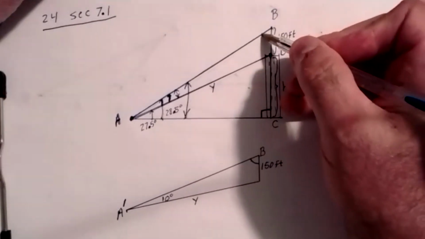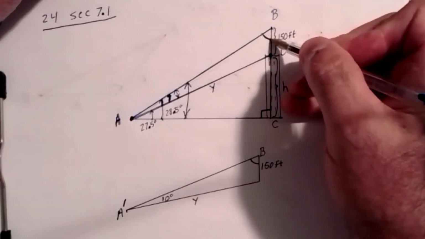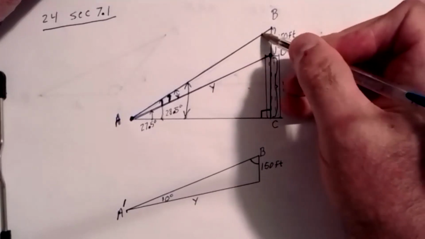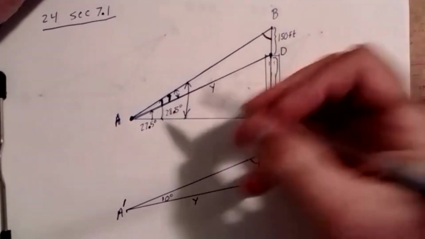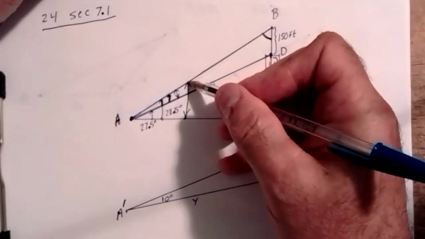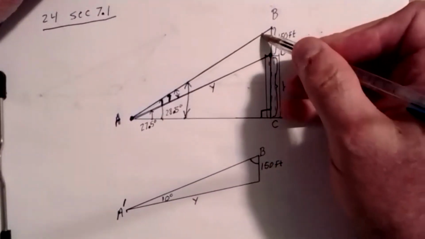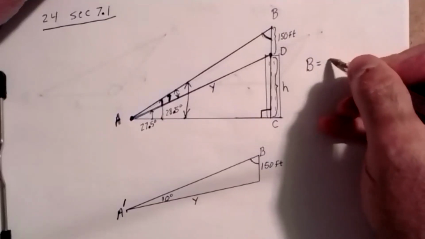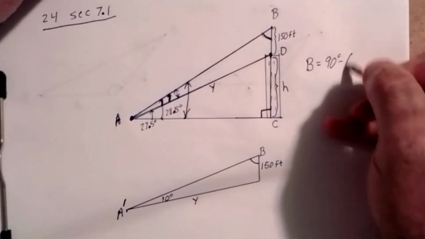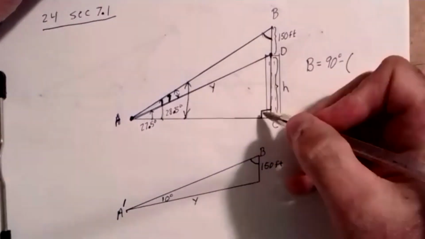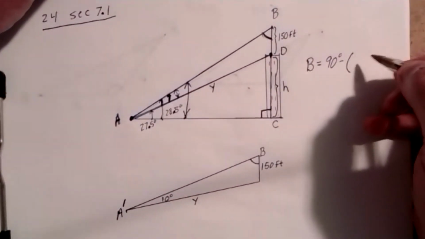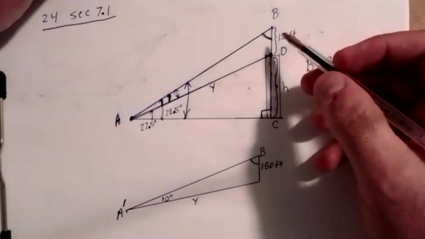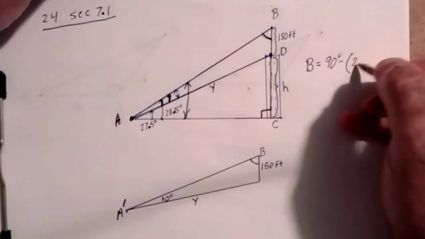So ladies and gentlemen, what does that leave angle B to be? How would we find angle B? Knowing that this angle A is 28.5 degrees and this is 90 degrees, angle B would be 90 degrees minus 28.5 degrees.